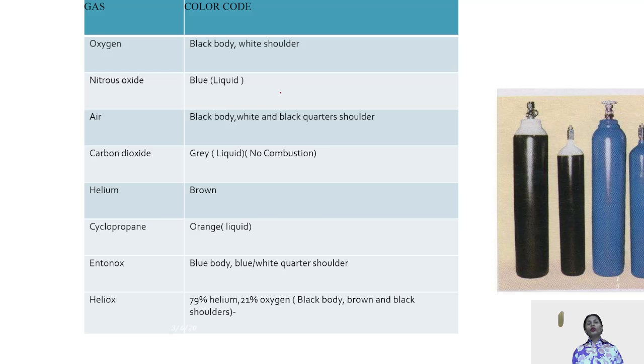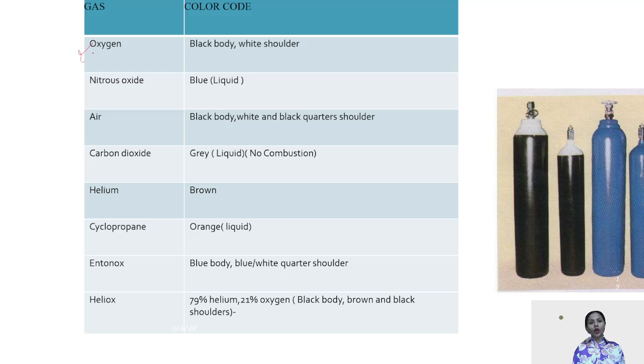So coming over to the color code, of course, this is for identification of the gas, that which gas has been filled in the cylinder, and also a safety mechanism of the color coding, that this particular cylinder is going to have oxygen only inside it.